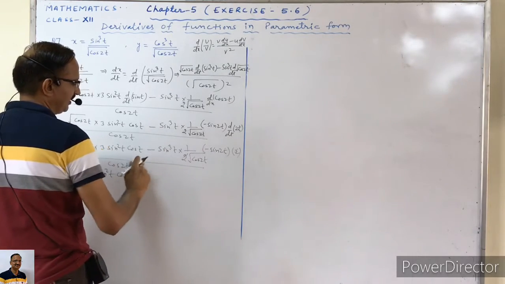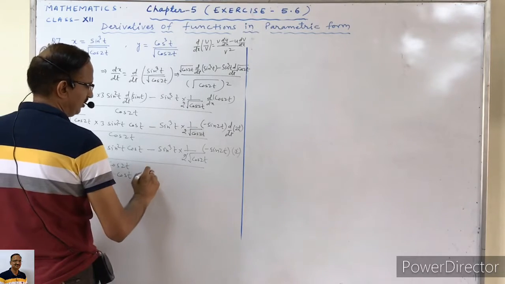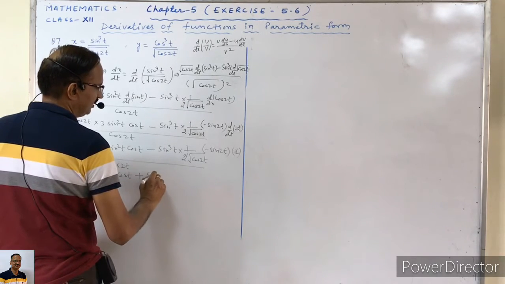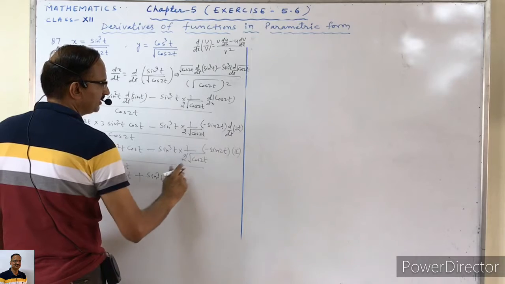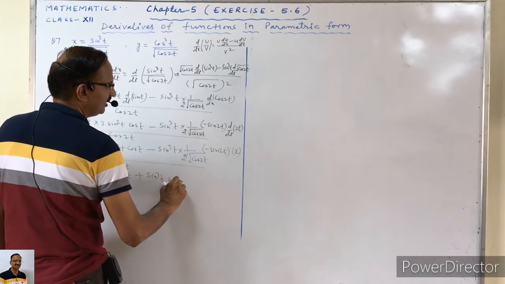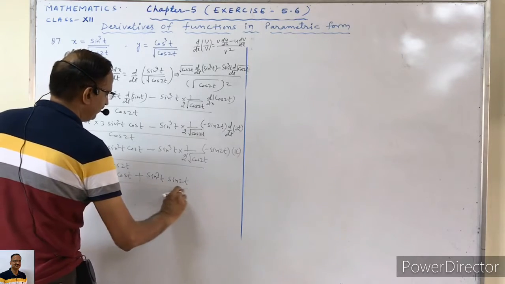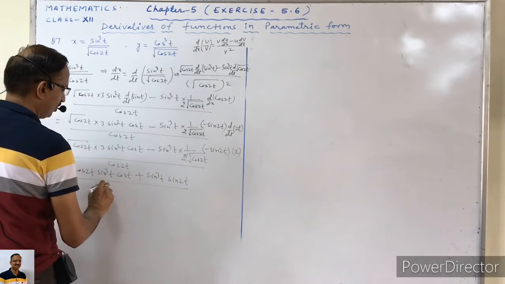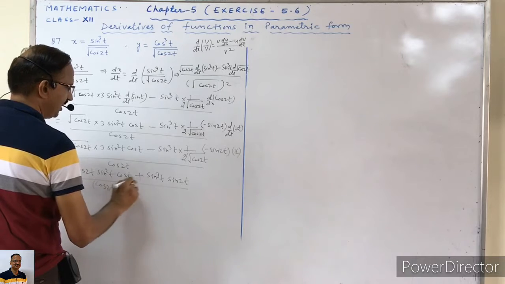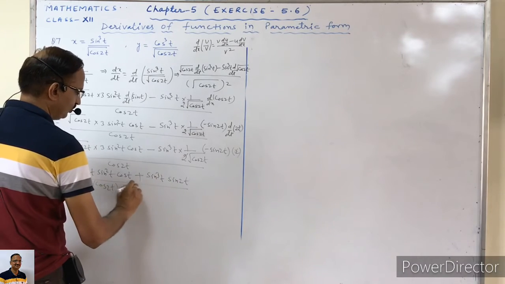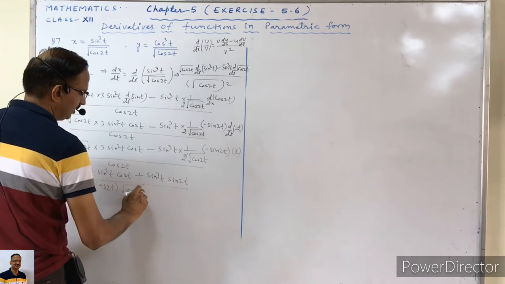This minus and minus becomes plus. Now we have sin³t, and this is sin 2t, and in the denominator we have this cos 2t and this one root cos 2t.